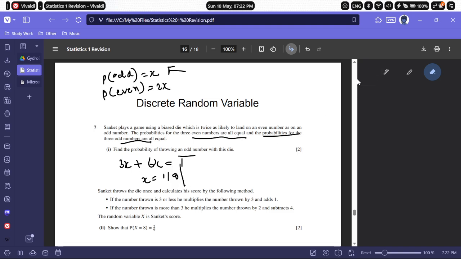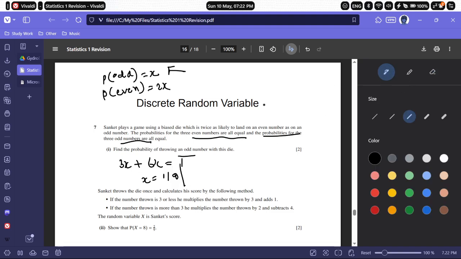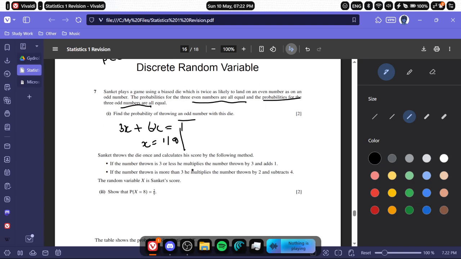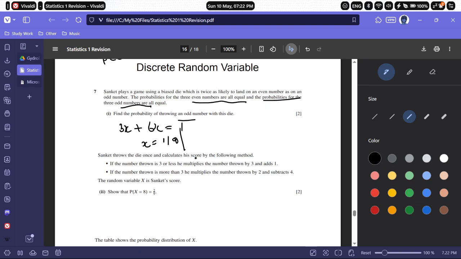Moving on. After that, Sanket throws the die once and calculates his score by the following method. If the number thrown is 3 or less, he multiplies the number thrown by 3 and adds 1. And if the number thrown is more than 3, then he multiplies the number thrown by 2 and adds 4.